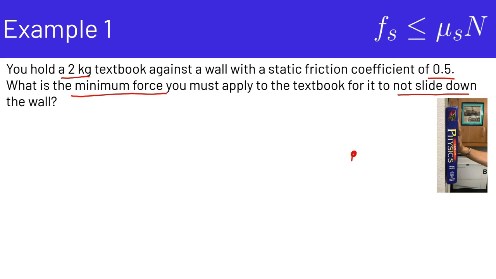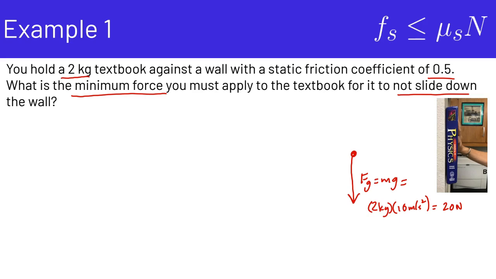We have the force of gravity, mg, so the 2 kilogram textbook times g, which is 10 meters per second squared. That gives us a force of gravity of 20 newtons.